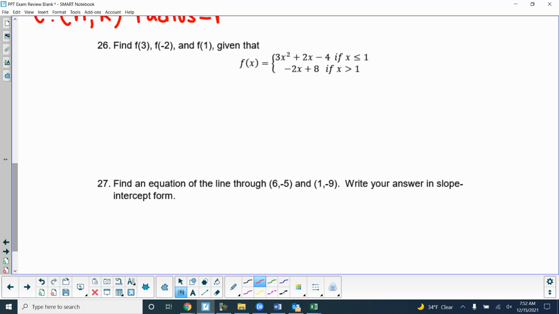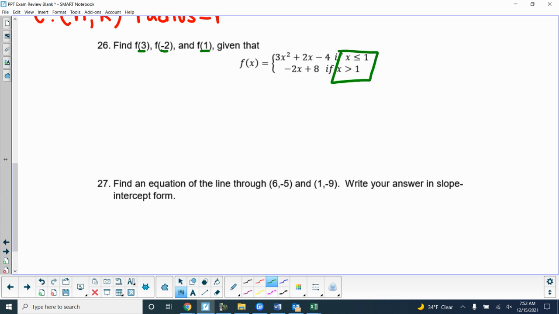All right. So when we do these problems, look at this area, the inequalities, and look at those numbers and see where the numbers fit. Okay? So if I'm looking at the 3, does it fit in the top inequality or the bottom inequality? The bottom. 3 is greater than 1, right?